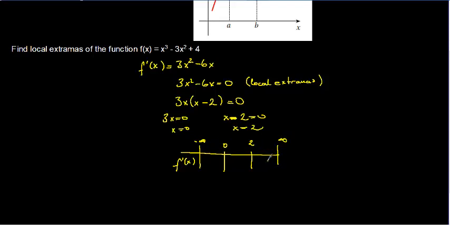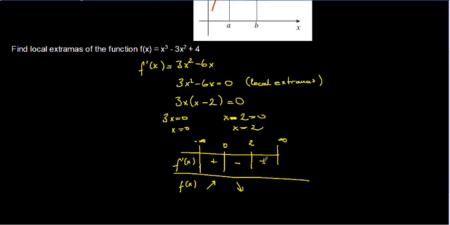So f'(x), because it's 3x squared, the signs are going to be plus, minus, and plus. If you remember, when the first derivative is positive, the function is increasing. When the f' is negative, the function is decreasing.